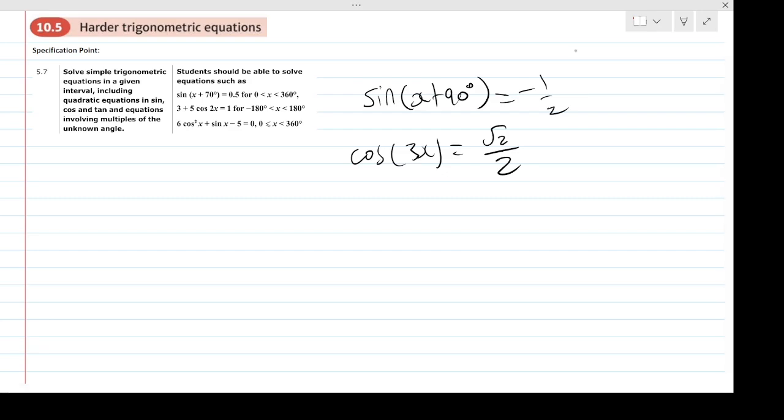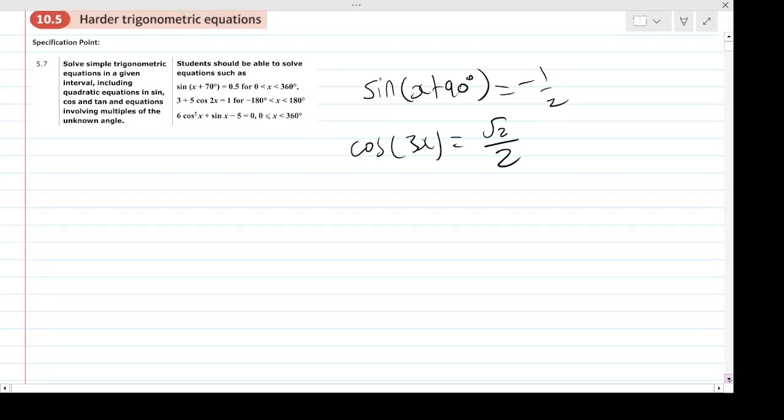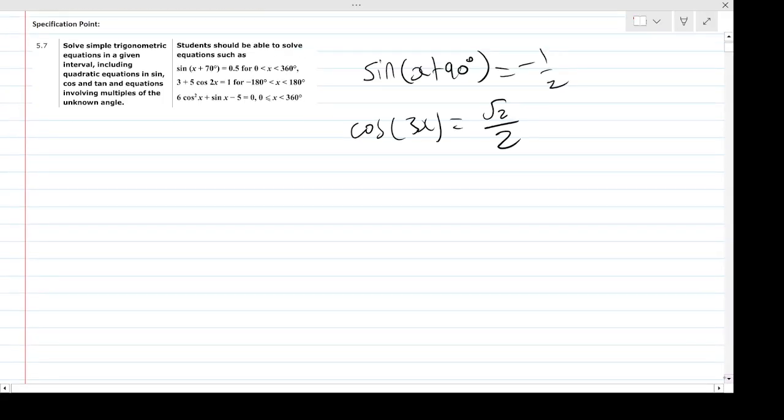But we're really going to do the same method and the idea that we looked at in the last section. It's really the same idea of solving. The only difference is, if you recall, if we were to solve sine x is a half, we usually solve for a range of values of x.